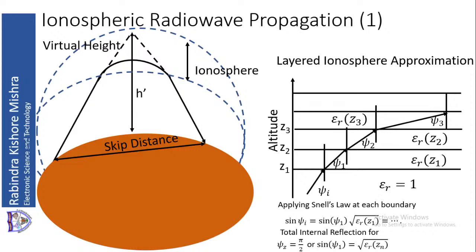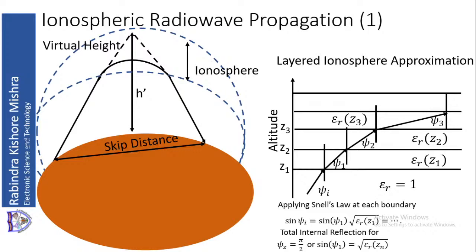Therefore, as you go from the atmosphere into the ionosphere, the ray will bend following Snell's law. It will bend away from the normal. That is what is shown here. So it bends away from the normal in the first layer.